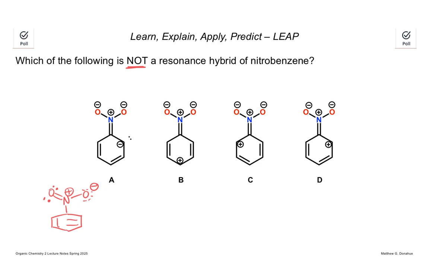You'll notice the nitrogen atom's plus charged, so it's electron deficient, and therefore it's going to start pulling that pi bond density out of the ring. The electrons from a pi bond now have to come out and form a CN double bond.